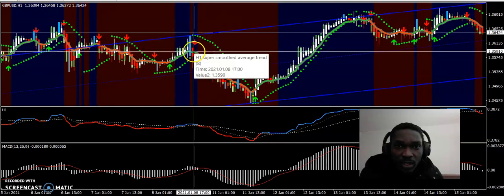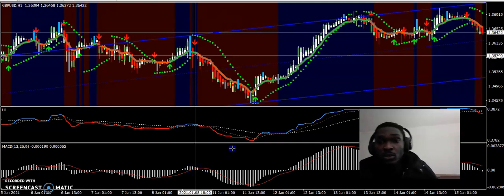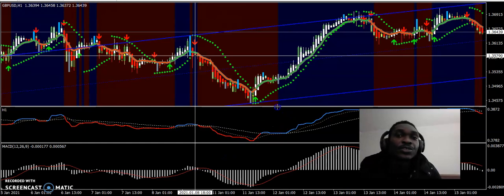We have confirmation here, so we want to sell from here. You can see this one has not yet changed color, but it will. This one hasn't changed color, but then it did around here. So we can enter around here, and we have a drop in momentum, which is really cool. It's really good to have some backing while trading.